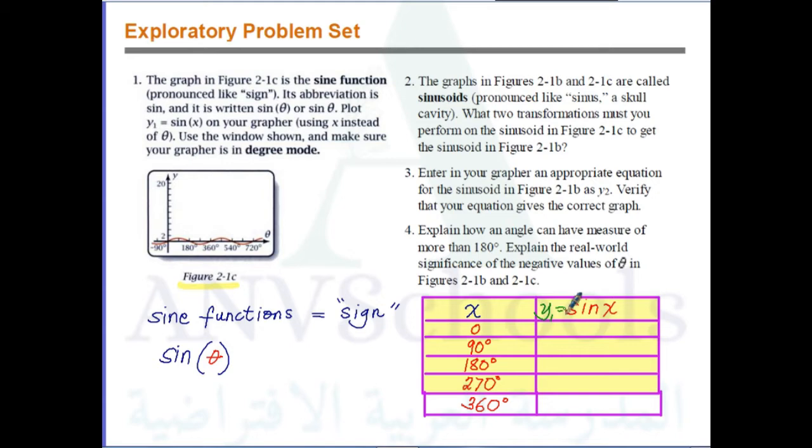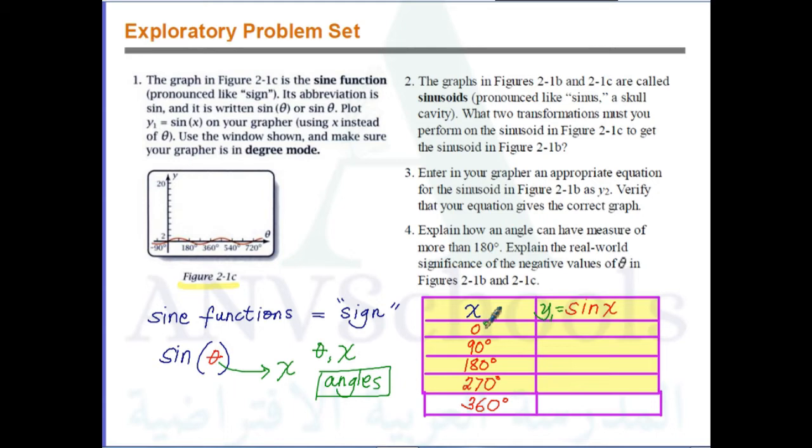Because x is also theta, and theta is an angle, so both theta and x are angles. So I will write angular values for x. Those angular values are 0 degrees, 90 degrees, 180 degrees, 270 degrees, and 360 degrees.